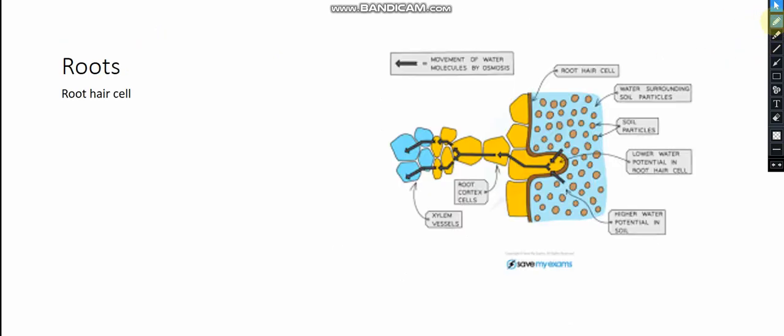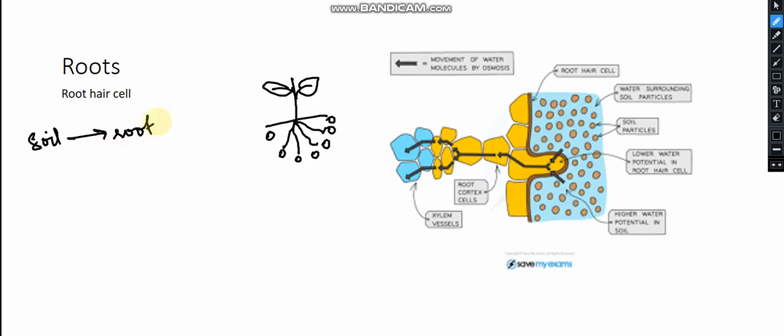Now, if we talk about the source of water, we all know that in a plant, if I roughly sketch a plant, it is obtaining water from the soil. So the path is from the soil into the roots.